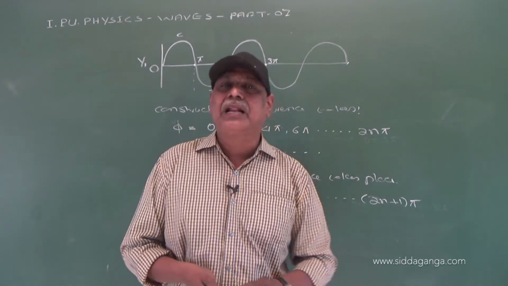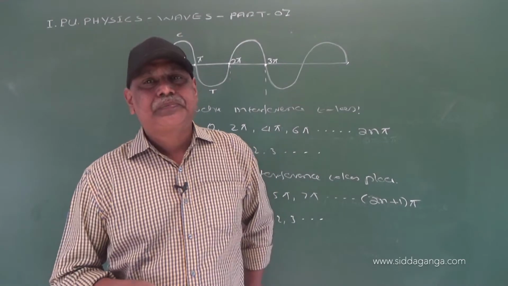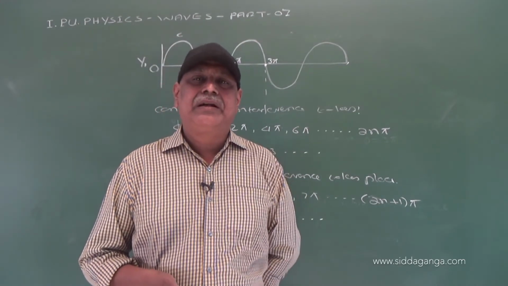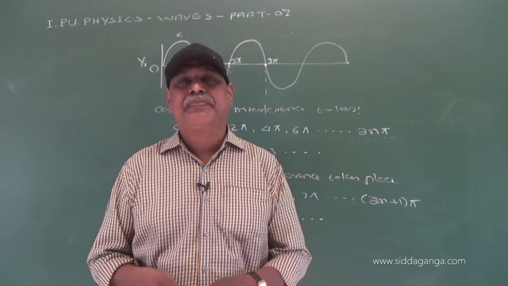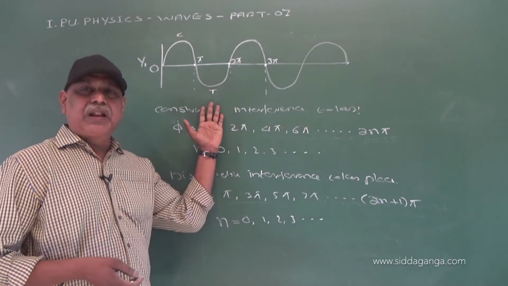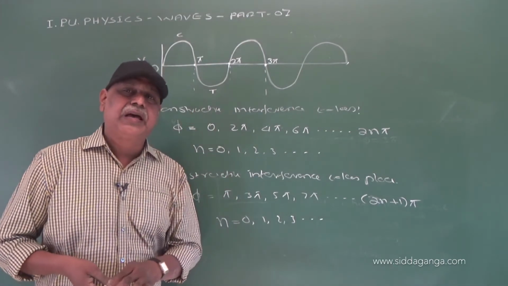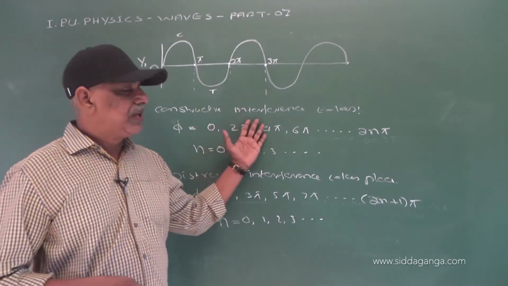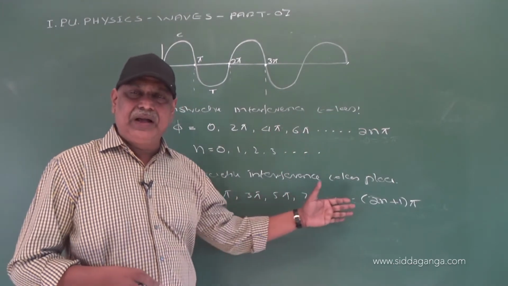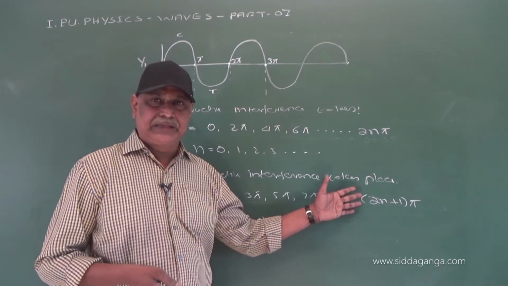In general, both the phenomena exhibited by waves, interference of waves and diffraction of waves, can be explained on the basis of the principle of superposition of waves. Remember the condition for constructive interference and the condition for destructive interference.